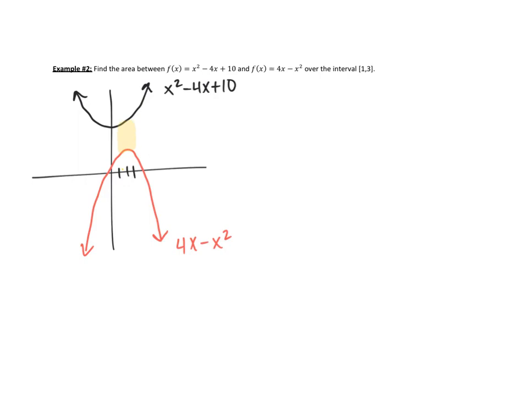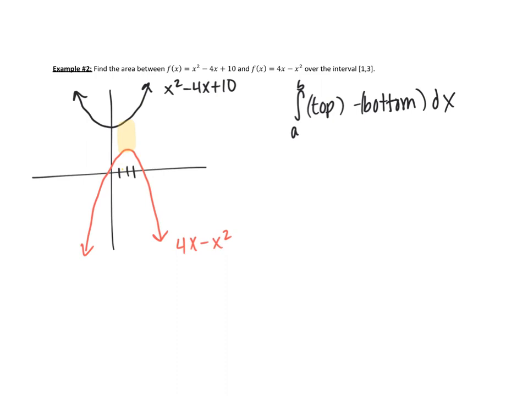So if we follow the same pattern from before, it's the formula. We don't have to do them separate. We can just say, okay, it's the integral over a to b of the top equation minus the bottom equation dx. So it's clear that the top equation is this x squared minus 4x plus 10.